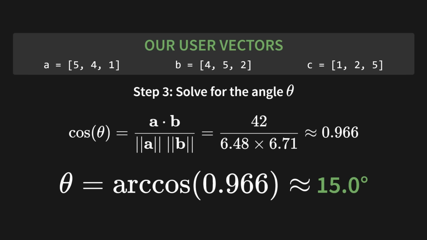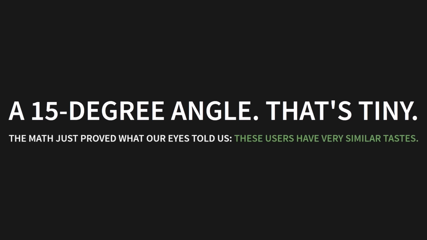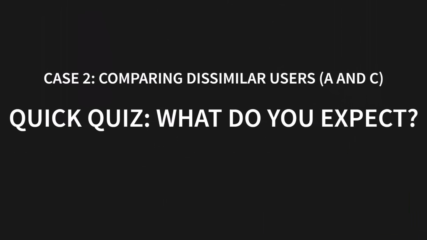So theta is the arc cosine of 0.966, which is approximately 15 degrees. That's tiny. The math just proved what our eyes told us. These users have very similar tastes. Okay, case 2. Comparing dissimilar users, A and C.